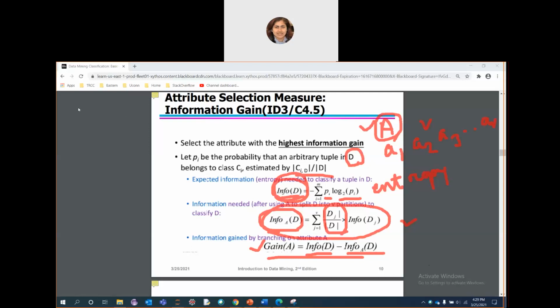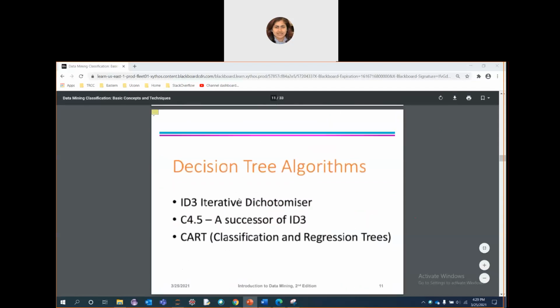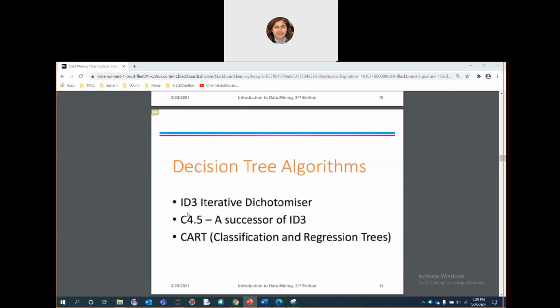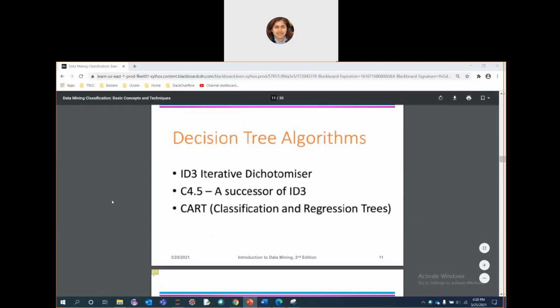Okay. So these are the three algorithms we will be reviewing in this chapter: ID3, C4.5, and CART, classification and regression trees. We are going to implement these three algorithms in the future.